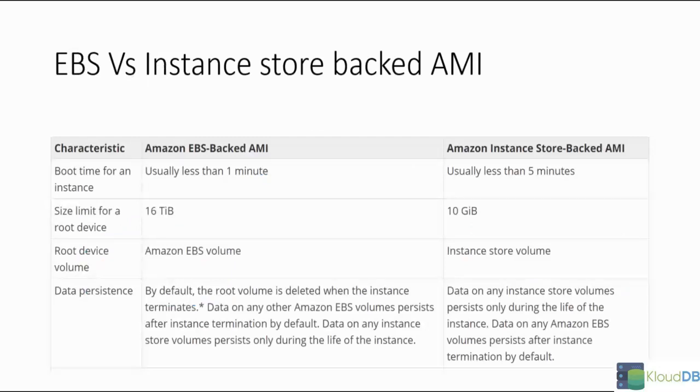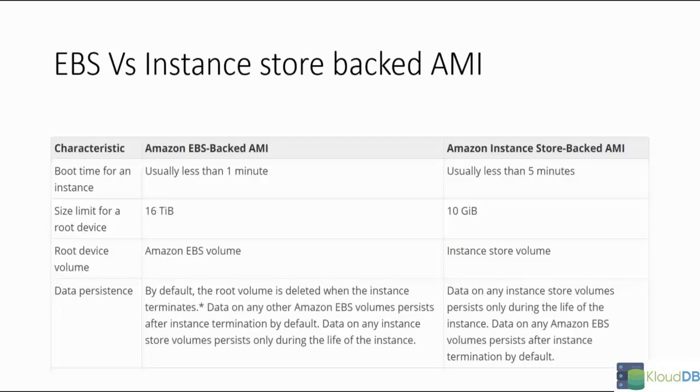When you create an AMI, it either uses EBS or Instance Store as a backend. Basically, these are the differences between EBS-backed AMIs and Instance Store-backed AMIs. The boot time for EBS-backed is usually less than 1 minute, and the boot time for Instance Store is less than 5 minutes.